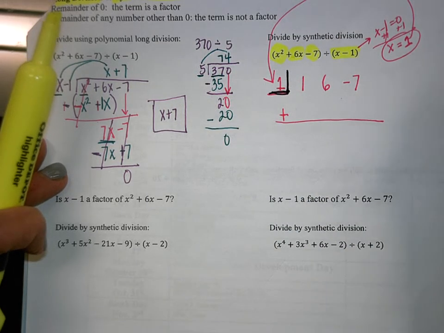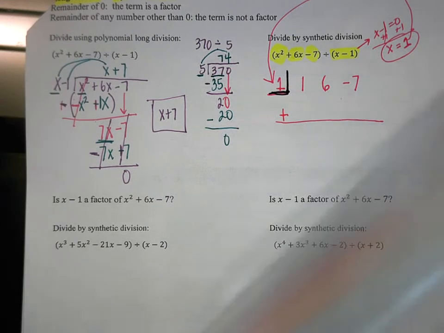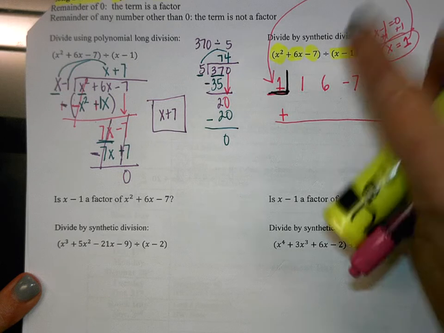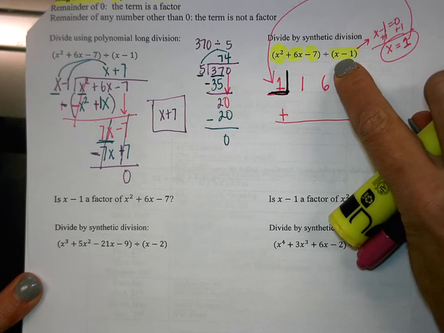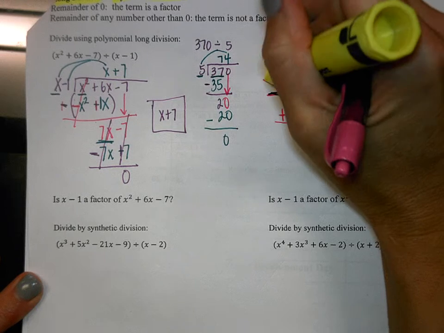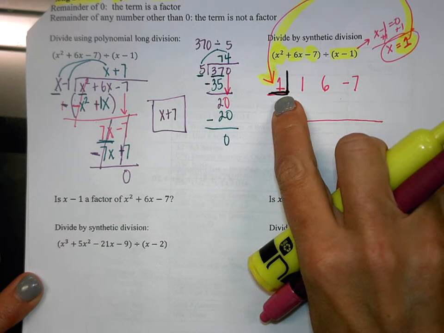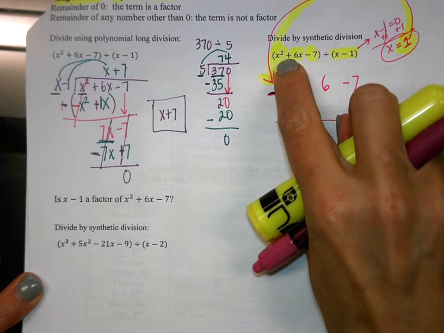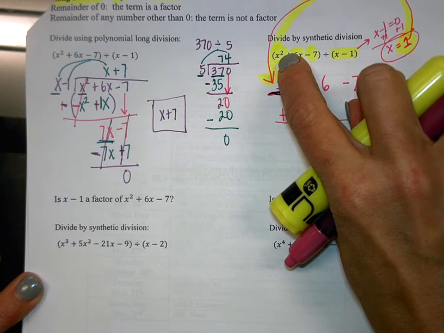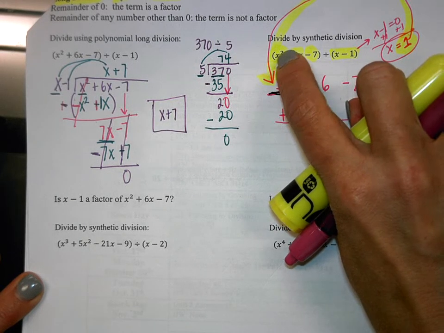So let's recap everything that we've done. First thing is that x minus 1, if I set that equal to 0, I get the value of 1. This value got put right here. Next, I took my coefficient for each term. The coefficient for x squared is 1.